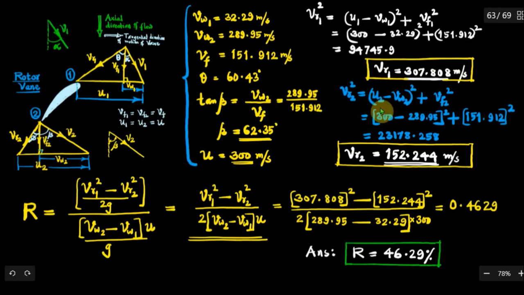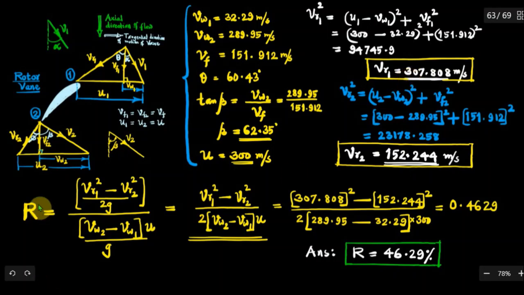You know that u2 is equal to u itself, and Vf2 is equal to Vf. Substitute 300 minus 289.95 whole square plus 151.912 whole square. You will get 23,178.258, that is Vr2 square. Take the square root, you will get Vr2, the relative velocity at outlet, that is 152.244 meter per second. Obviously Vr2 should be less than Vr1.